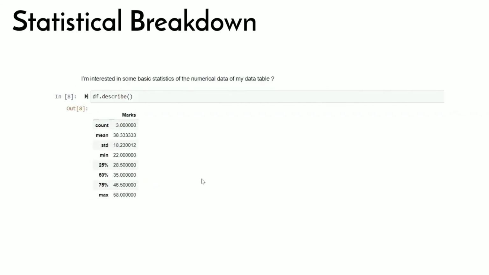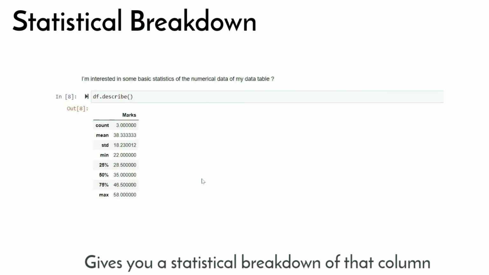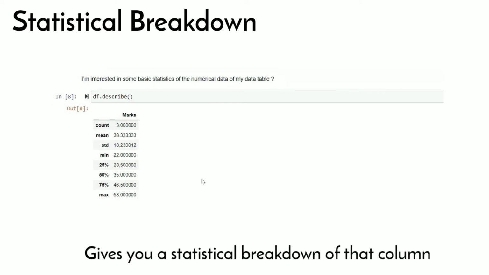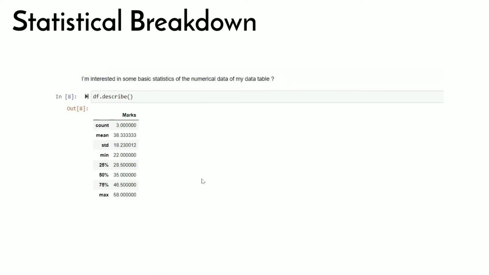Okay, so what if we wanted to see a statistical breakdown of our data set? There's this function called .describe. What .describe does is it allows the machine to go through your data frame, looking only at the numerical data type columns, and give you a statistical breakdown of each numerical column within your data frame. In this case, we only had a single column that had numerical values, which was marks.